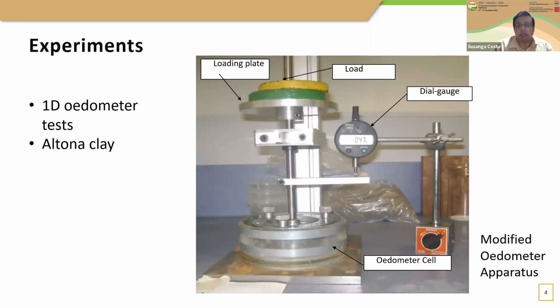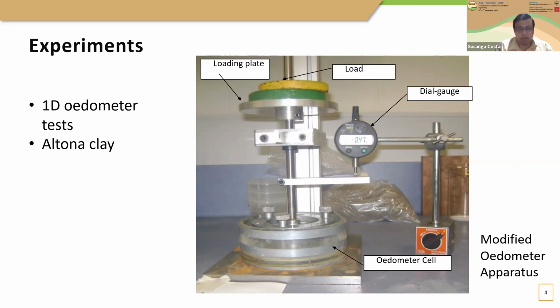Experiments were done using an expansive soil found in Altona North in Melbourne. There are several tests available to observe swell-shrink behavior. Here we used the one-dimensional odometer test. However, this is not the conventional odometer apparatus. We modified this apparatus at Monash University to tailor the needs of these experiments.